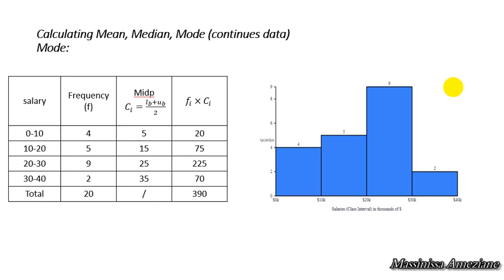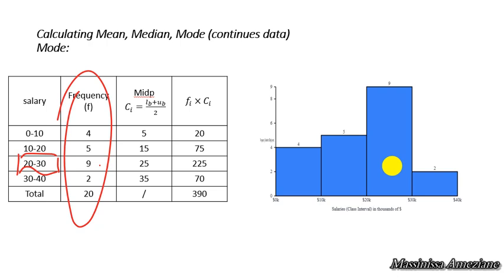So the modal class is the class that is with the highest frequency. So let's check here our frequencies. Where is the highest here? It is 9. So the modal class is 20 to 30, or we can identify it graphically. It is here. The tallest bar here is this one. So this is the modal class.